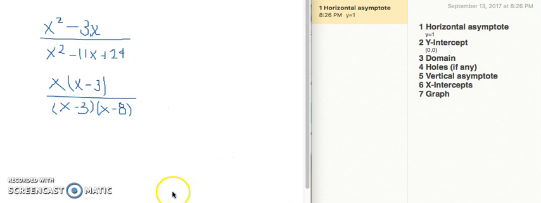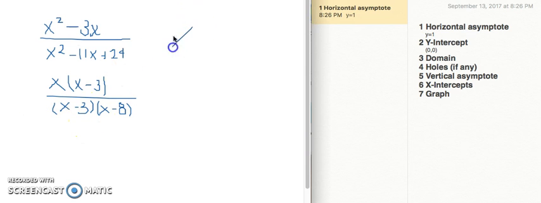Now we have to find the domain. The domain is found by factoring the equation. The factoring results in x times x minus 3 over x minus 3 times x minus 8. To find the domain, we look at the factored denominator and set each factor equal to 0.